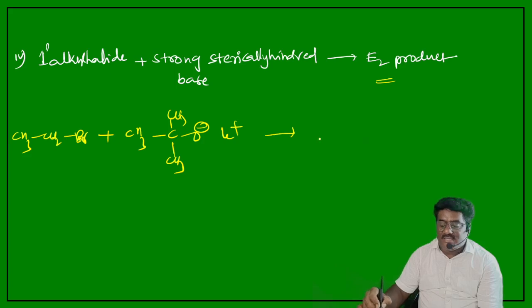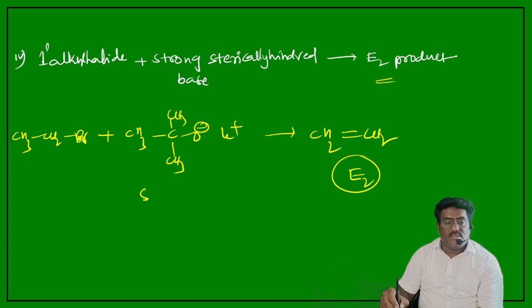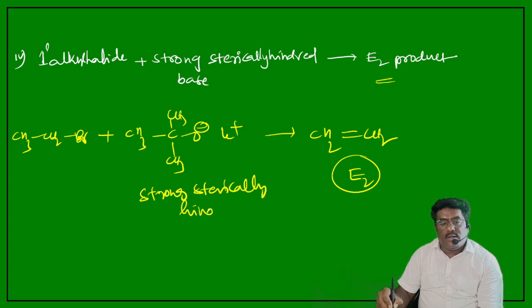It gives the alkene CH2 double bond CH2. It is the E2 product because it is a strong sterically hindered base. Yes. Have a look at the next example.